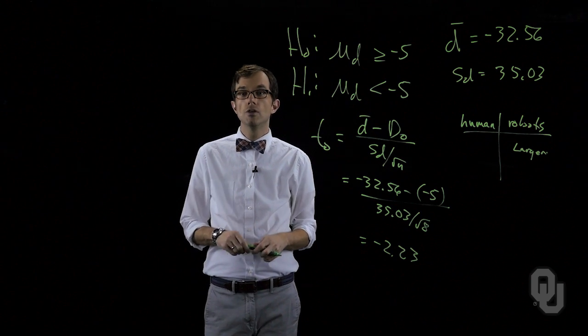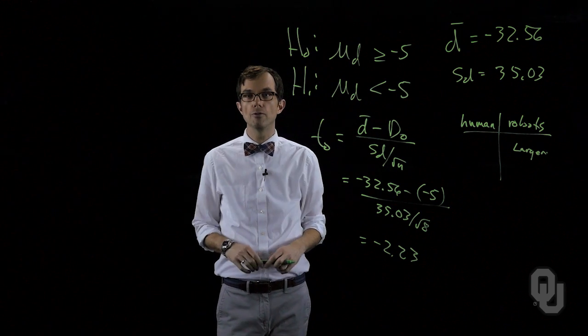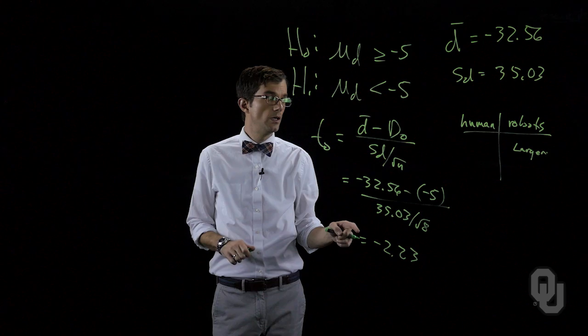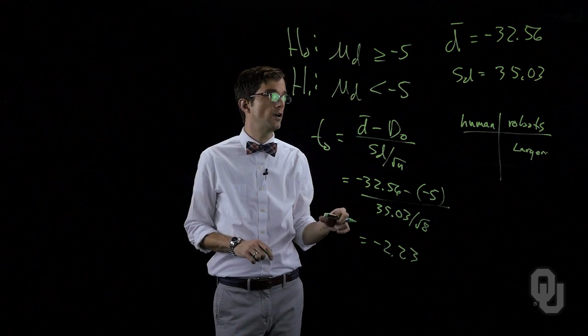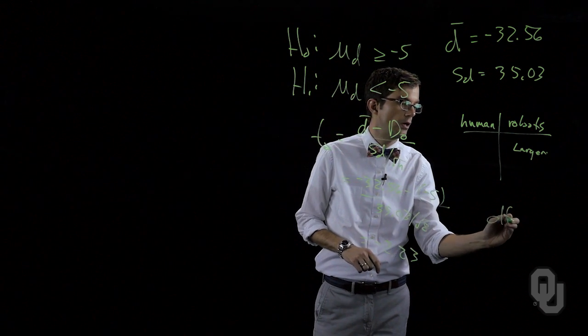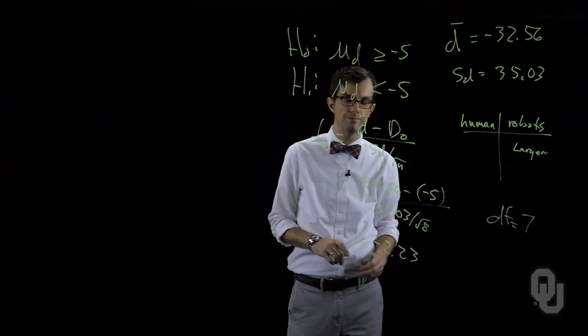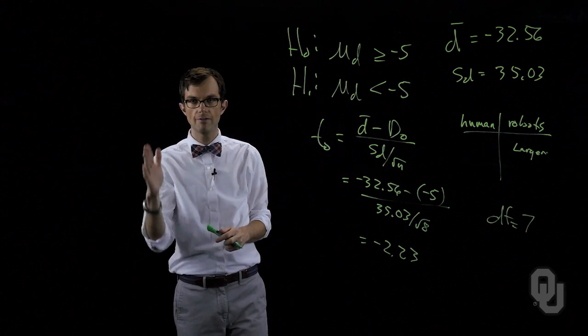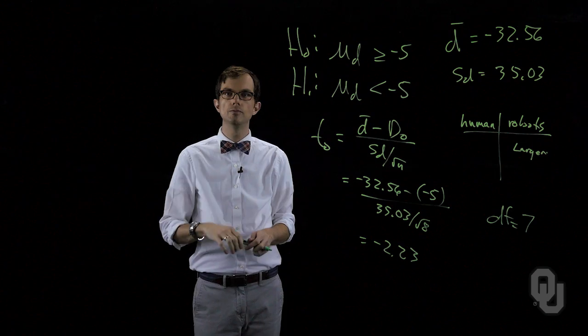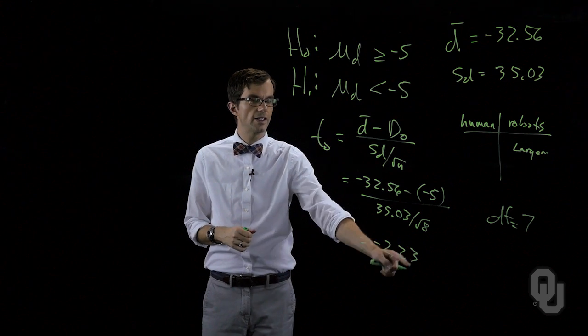Okay? So let's use the p-value approach. We can use the textbook here because the degrees of freedom are 8 minus 1, which is 7. So we go down to the 7 row in our table, but we don't see this exactly.